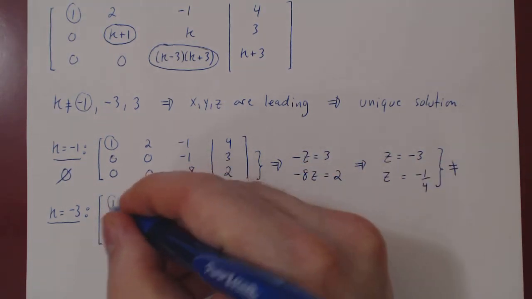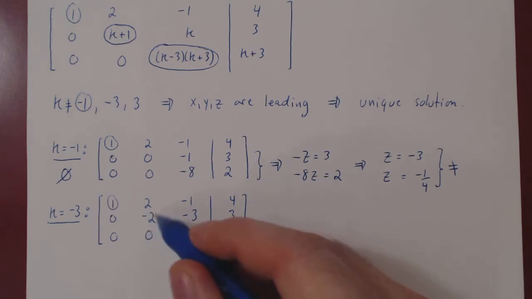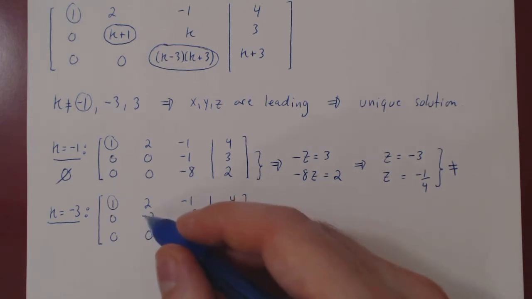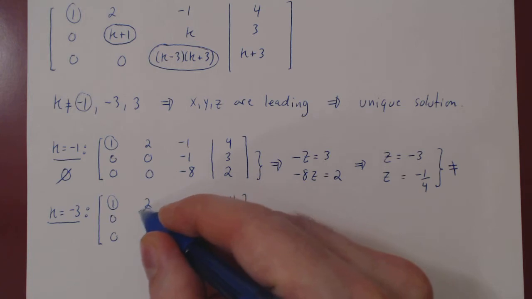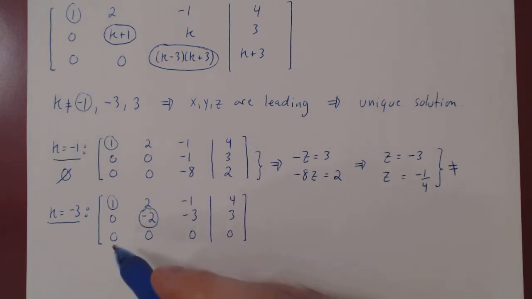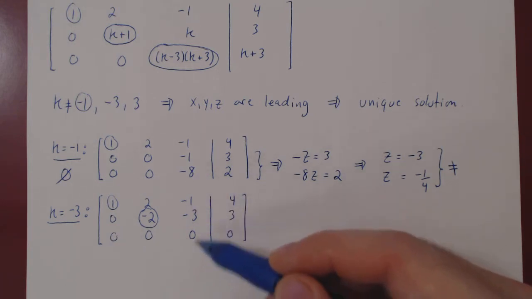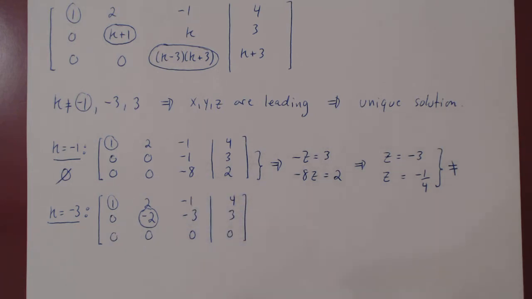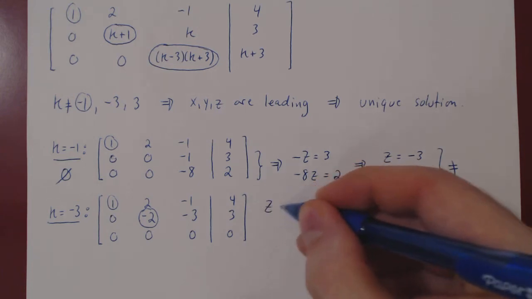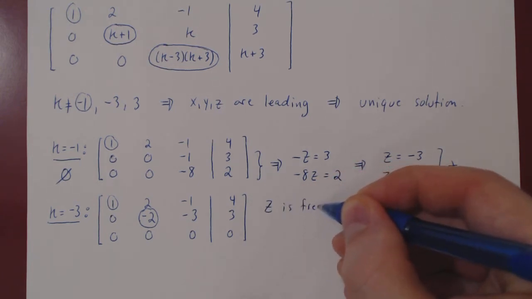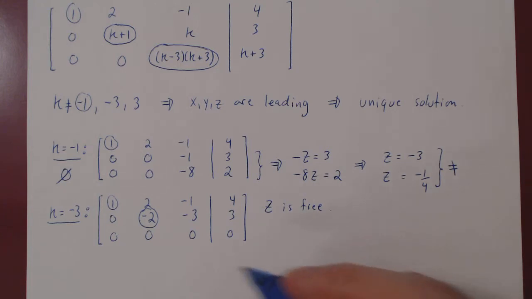So let's see, x is leading. We could multiply row 2 by -1/2, have a leading one for y, so x and y are both leading. The third row says that 0 is equal to 0. The system is consistent, and since z is a free variable, it will become a parameter, which of course implies an infinite number of solutions. And that's it.